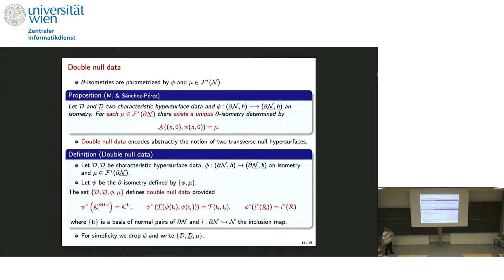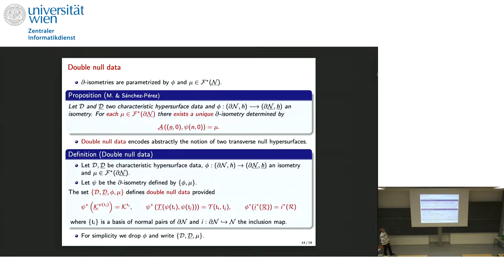Now it's already clear what one needs to do, because now we have the boundary isometry that allows you to transfer information from one side to the other, and therefore the definition is now completely natural. It's the only thing that you can think of. So we will say that two such data define what we call double null data when there is this compatibility, and this compatibility tells you the following.